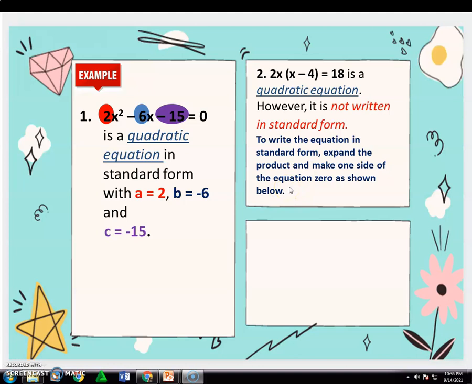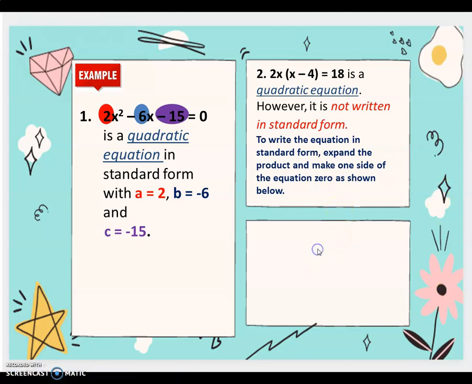So, gagamitan po natin siya ng iba't ibang paraan kung paano ba makukuha ang product. It's either the FOIL method or the distributive property. So, tingnan natin ngayon kung anong method ang gagamitin natin. Yan. So, ang equation po natin, rewrite lang natin. So, we have 2x times x minus 4 equals 18.